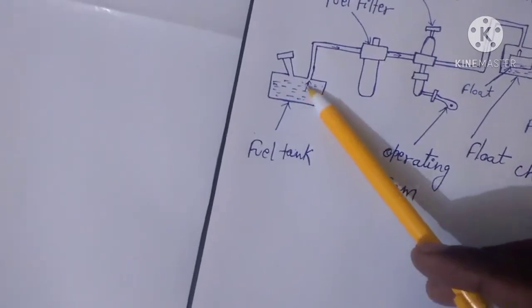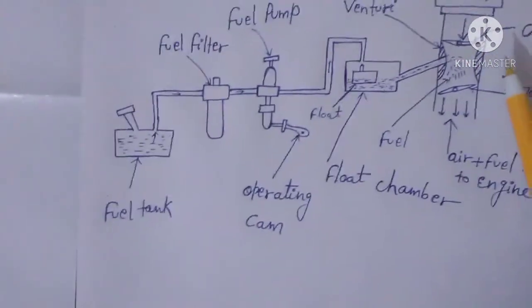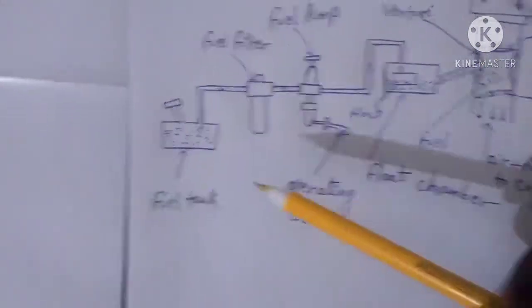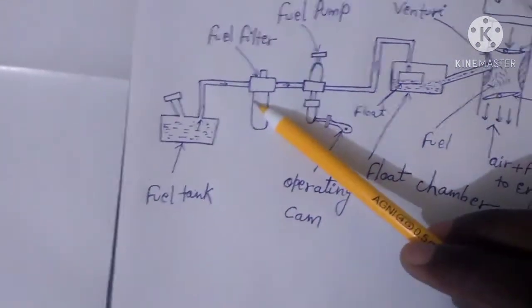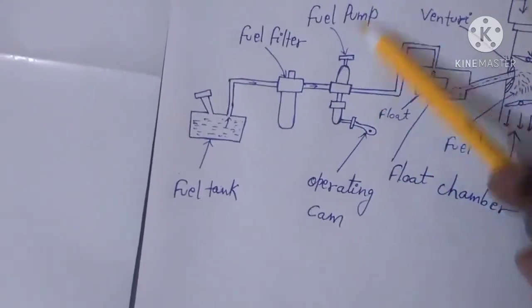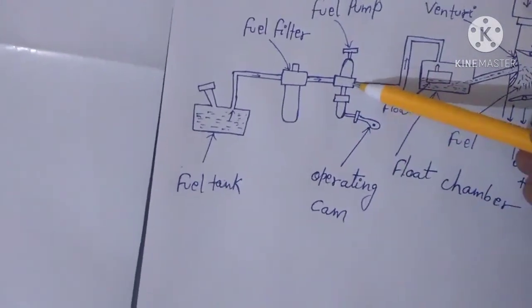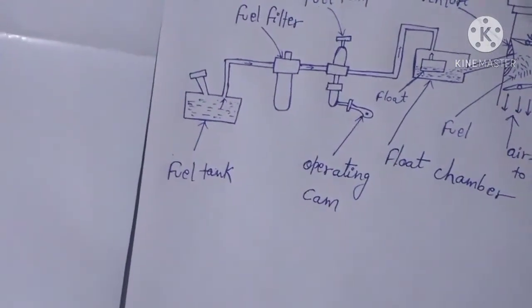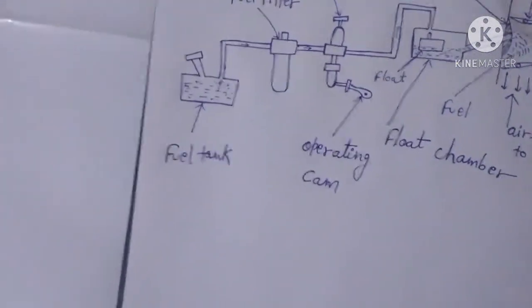After carrying to the carburetor, the fuel is filtered by these fuel filters and then goes to the fuel pump, and this fuel pump is driven by a cam. You will see in a further video what a cam is.